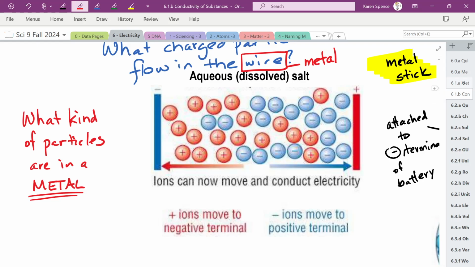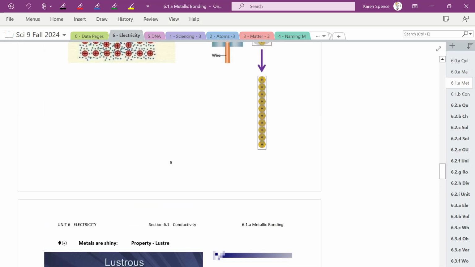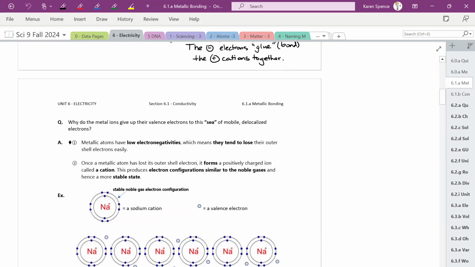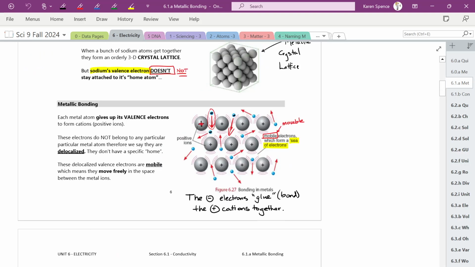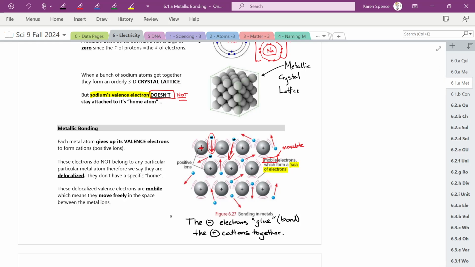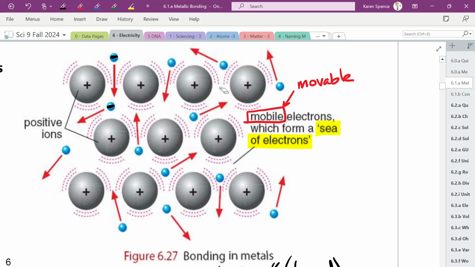Feel free to look back on page 6. Go back to page 6. We got 2 things in the metal.